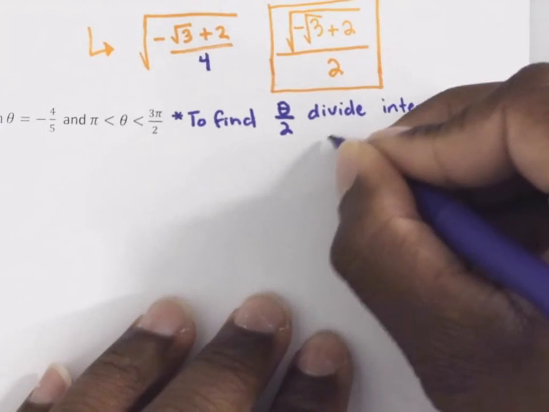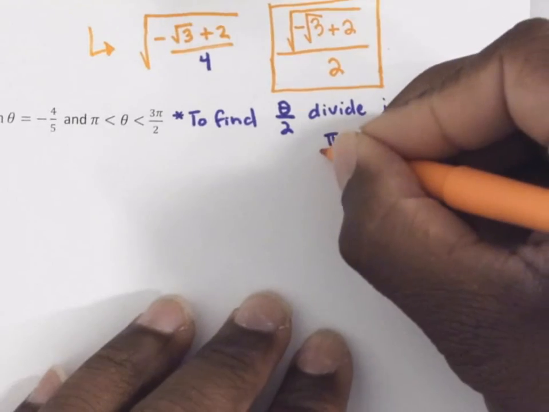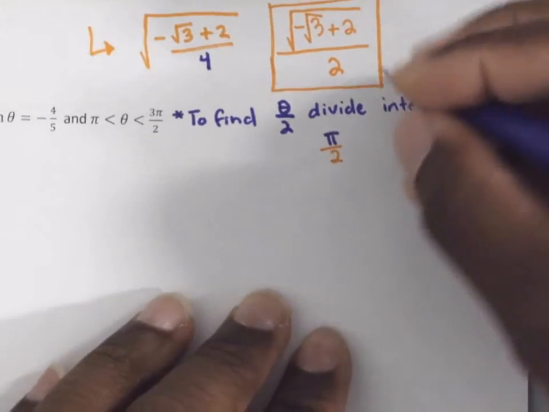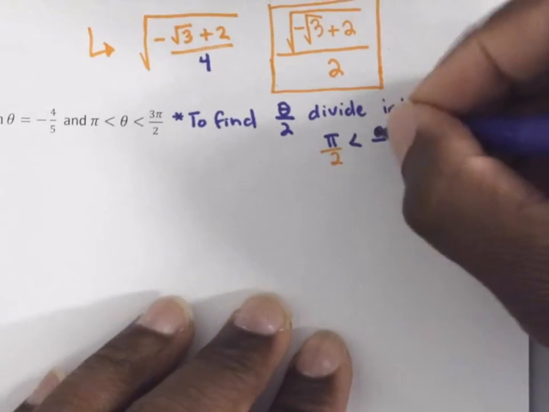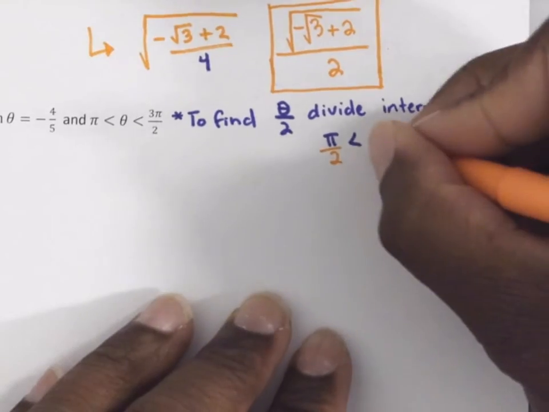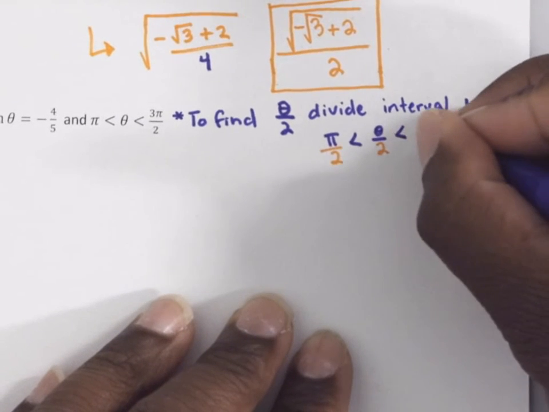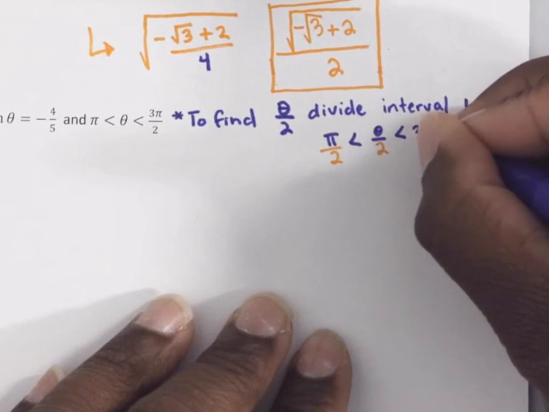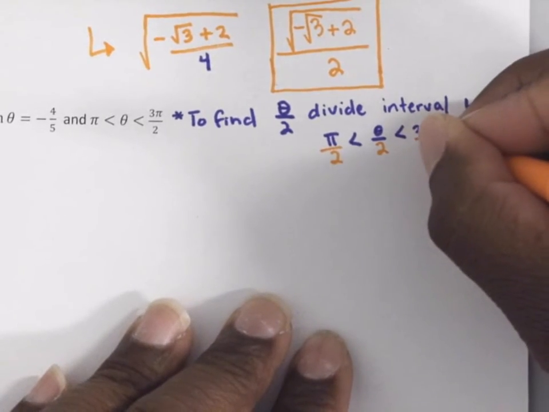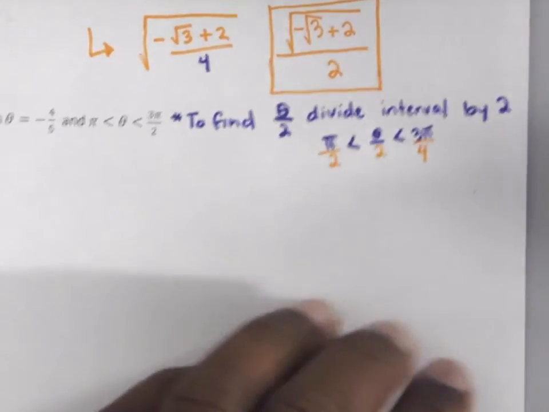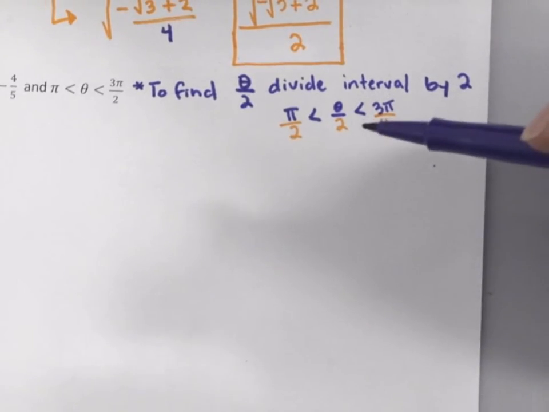And then I'll write what we did: theta over 2. All right, so this is me dividing the interval by 2. These are the numbers that we got.